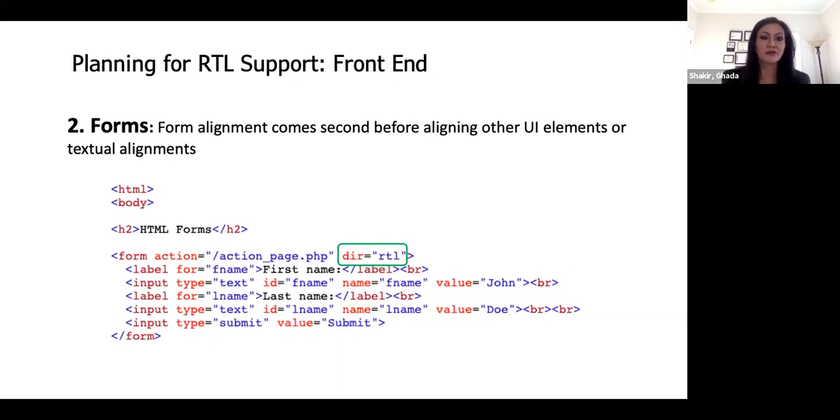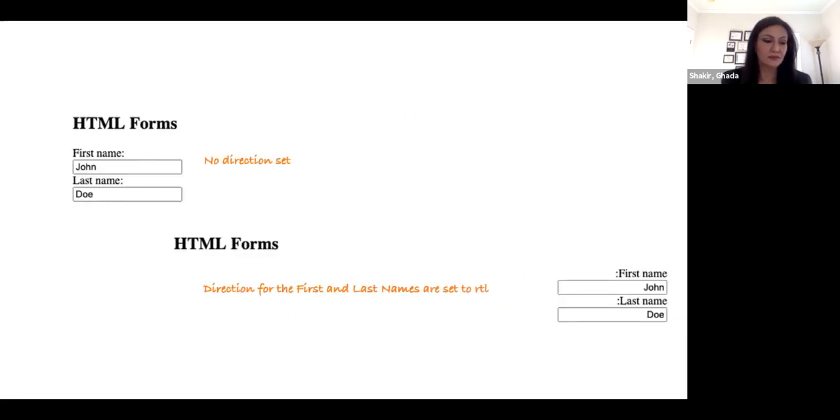Forms alignment comes after aligning other user interface elements or textual alignments. Also, it needs to be specifically stated that the directionality of the form is RTL, just for the sake of time. Okay.